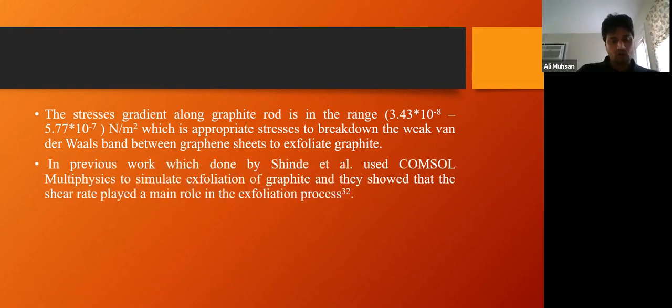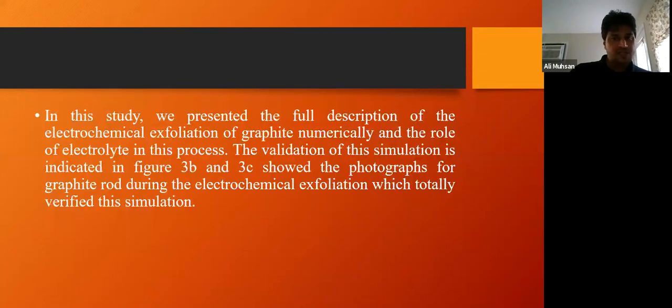In previous work done by Shendi et al., COMSOL Multiphysics was used to simulate the exfoliation process of graphite, and they showed that the shear rate played a main role in the exfoliation process. In this study, we presented the full description of the electrochemical exfoliation of graphite numerically and the role of the electrolyte in this process.